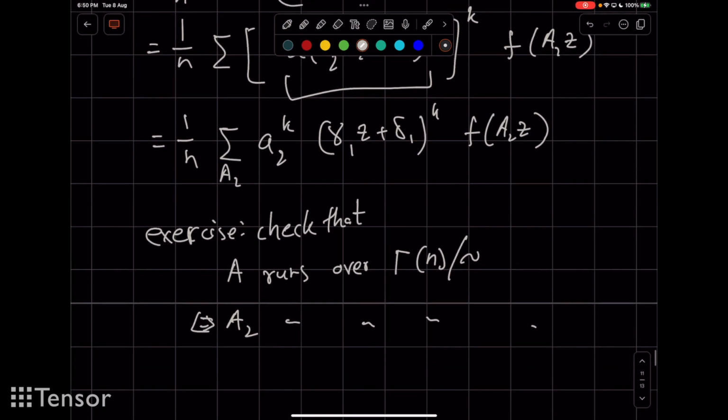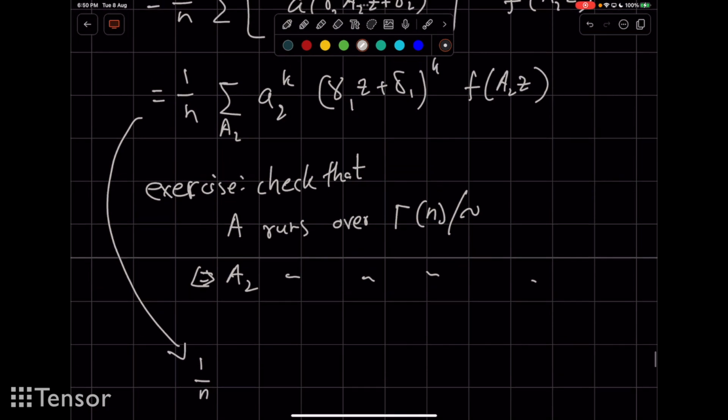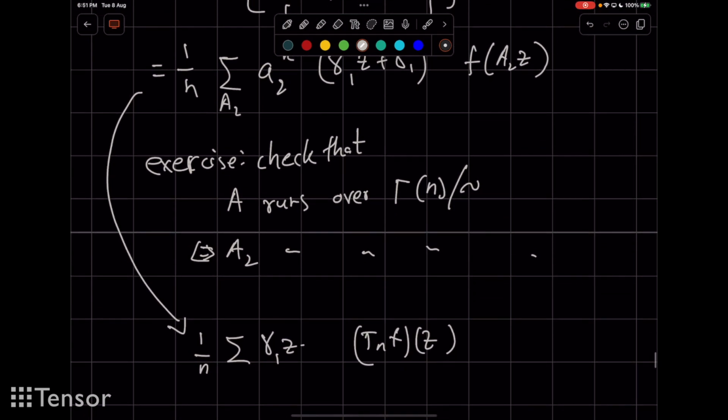So therefore, using this sum, we get this equal to 1 over n sum of T_n f z.